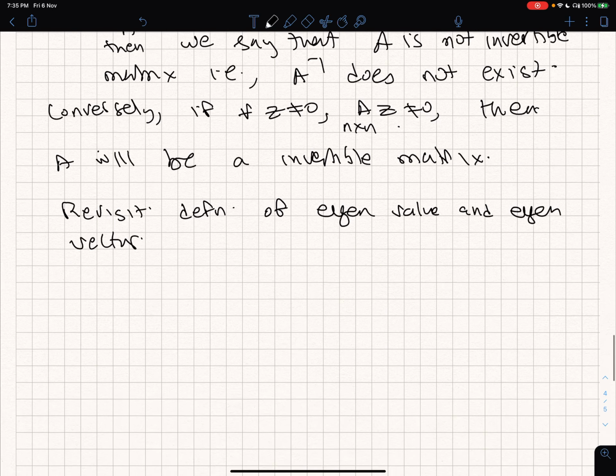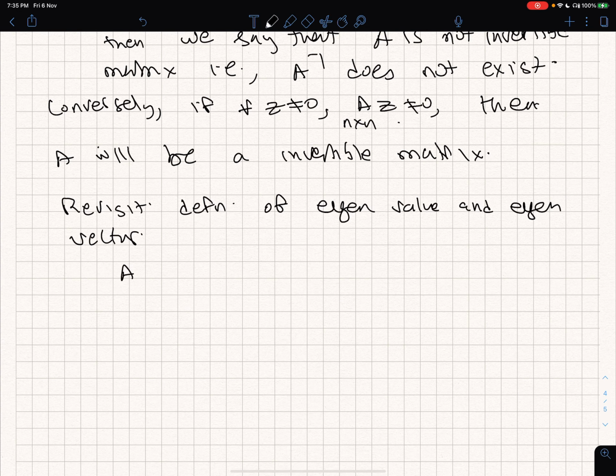and eigenvector. A is a real matrix. We say that lambda is an eigenvalue and x is an eigenvector if A x is equal to lambda x.